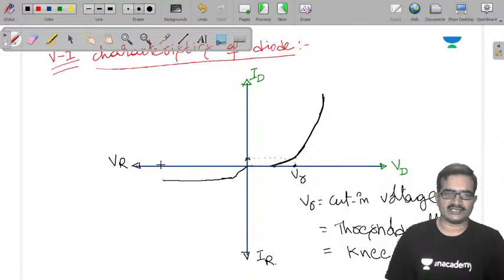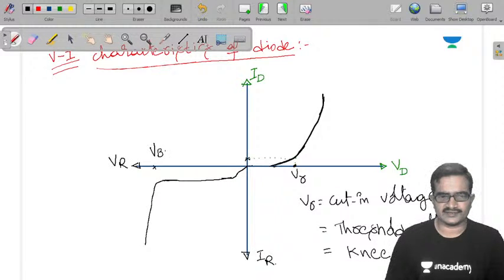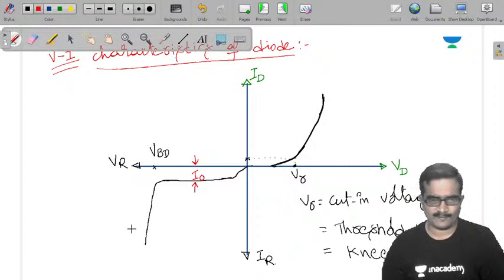The current remains more or less constant until it reaches the breakdown voltage, where breakdown takes place with breaking of covalent bonds. This is the breakdown voltage, and this constant current I0 maintained in reverse bias is called the reverse saturation current.